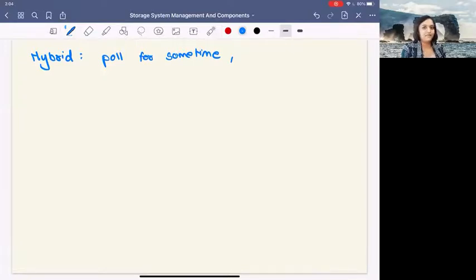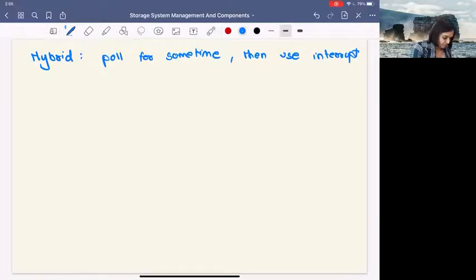If the device is fast enough, then polling is good. So it would poll for some time. If the device is fast enough, it would return and then we could continue our task. But if the device is not fast enough, then interrupts are good. So it would poll for some time and then use interrupt. That is one smarter way to take advantage of both this process of polling and interrupts and to come up with a cost-effective solution.